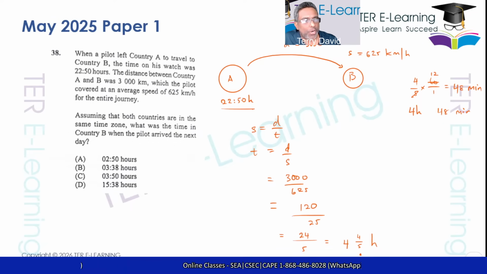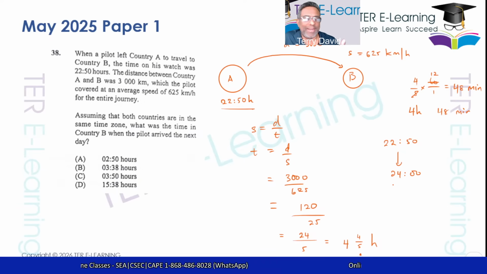Now you are starting at 2250. What I will do first is figure out how long it takes to reach 2400. You see, every time you're crossing that 12 a.m. threshold, that becomes problematic.